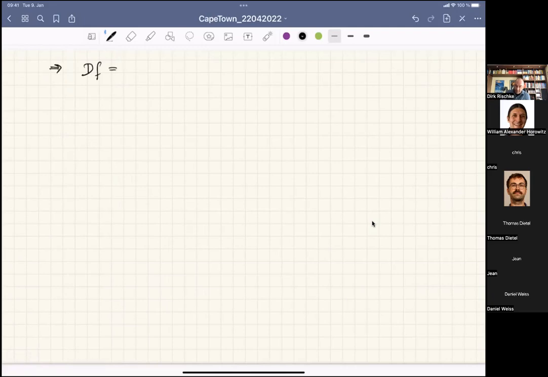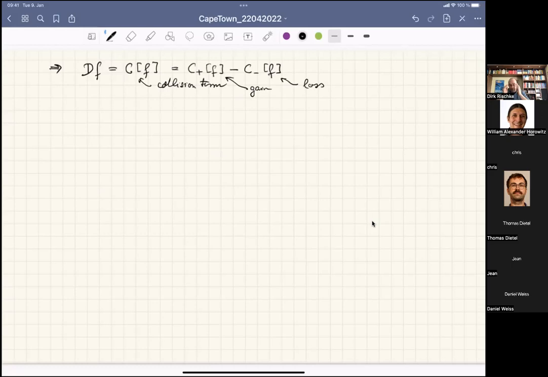There will be something on the right-hand side, which I call C, the collision term. The collision term has two parts: a gain part, which I call C plus, and a loss part with a proper minus sign, minus C minus. That's the gain, and that's the loss.